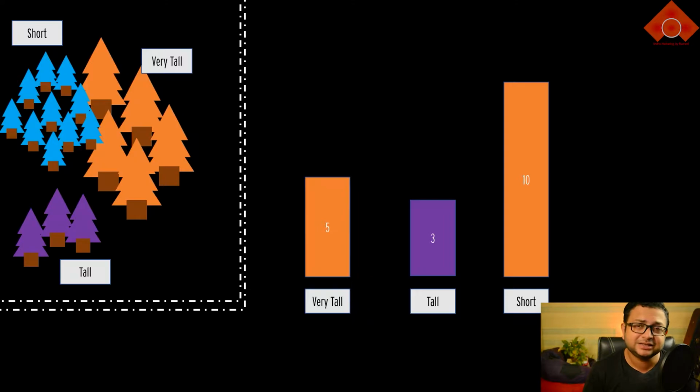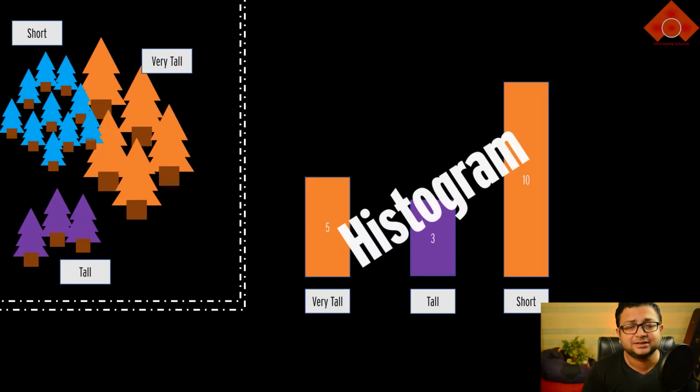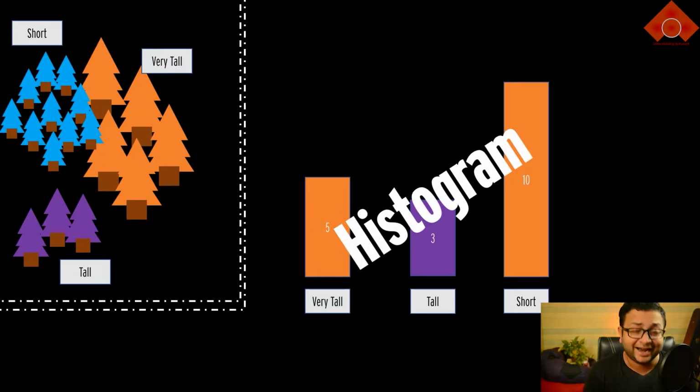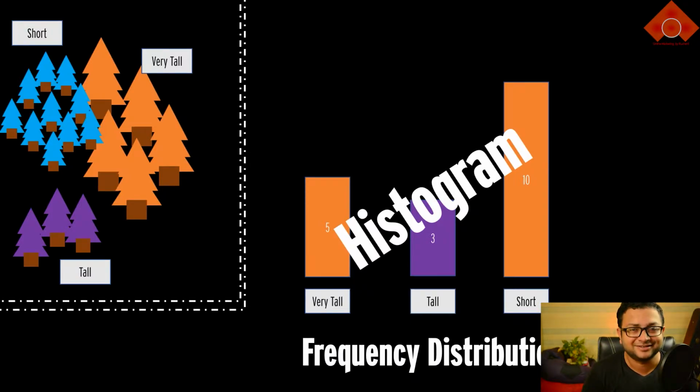Typically this kind of data plot is called a histogram, and this is basically displaying the height of trees and their frequency in this park, right? So we can call this a frequency distribution. Now that you know what a histogram is, let's move forward.